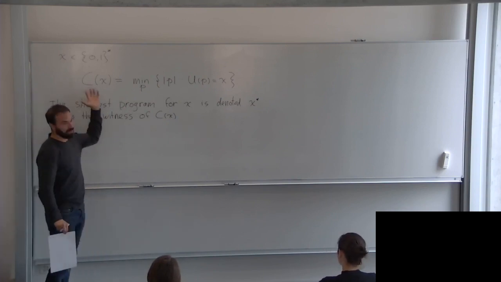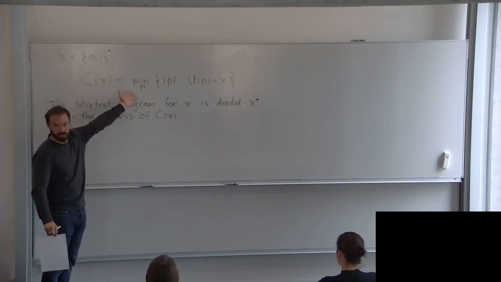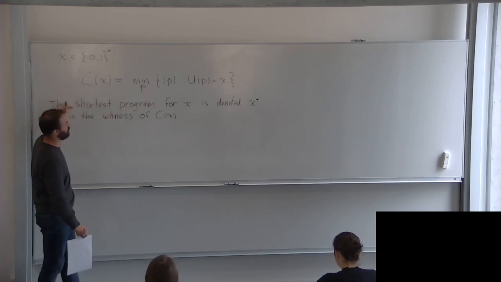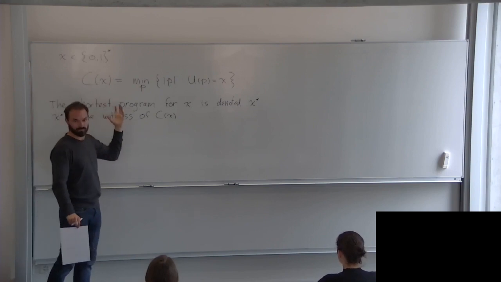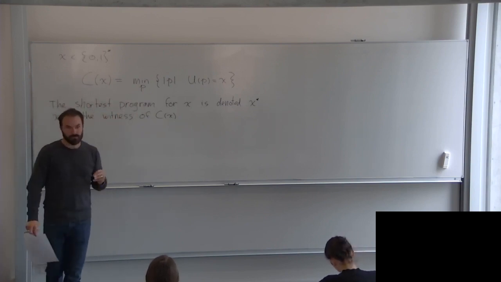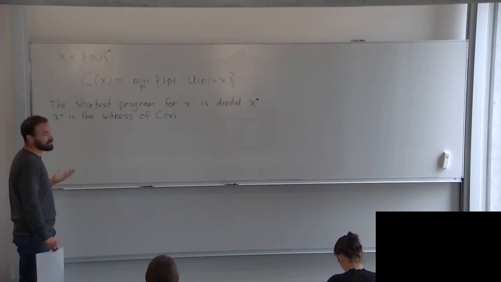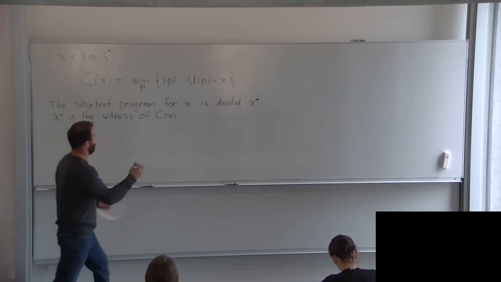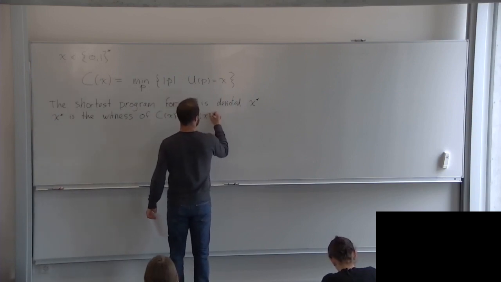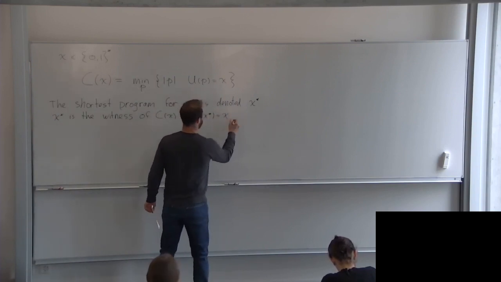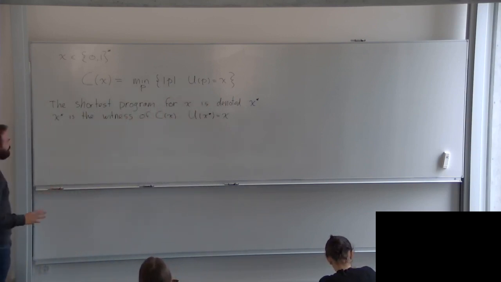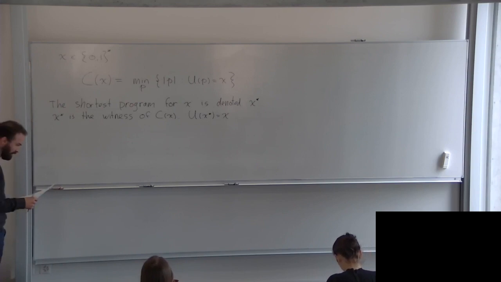C of x is defined via minimization. It's the program of minimal length, namely the shortest program. That program is a witness, and it's called x star. If you will, U of x star is x. It's just useful to have a name for this program.